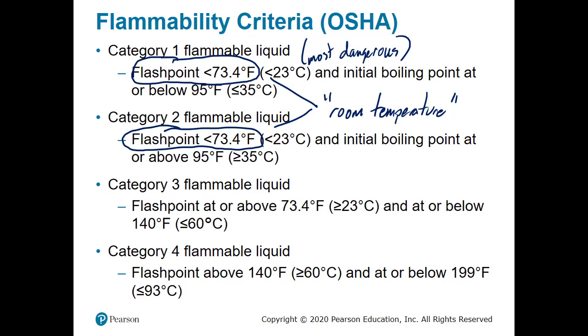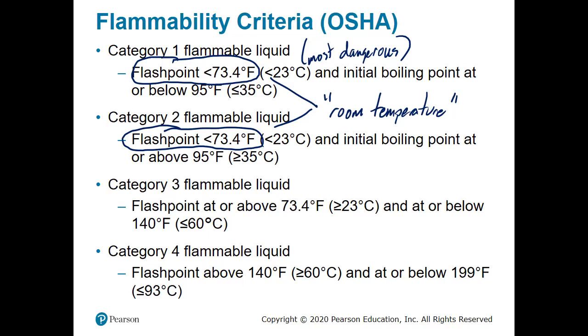But being below it indicates that we are talking about a substance that is going to ignite, even partially, at temperatures lower than room temperature, which should give you an idea of how seriously we consider their flammability. Now, the difference between category 1 and category 2 is that boiling point.